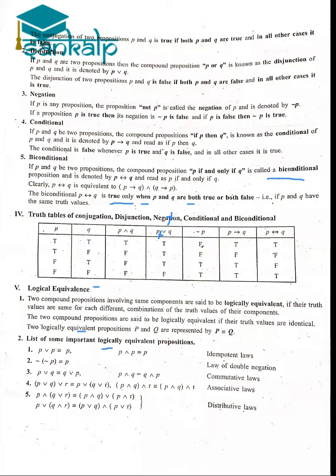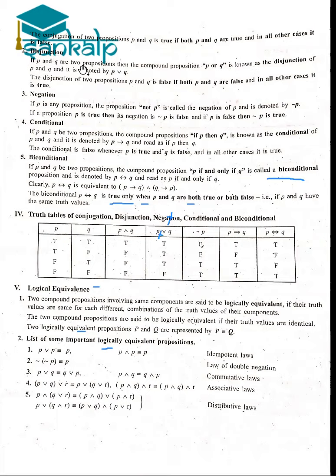The conjunction of two propositions p and q is true if both p and q are true. In all other cases, it is false. So it is true only if both components are true, and it is false in the rest of the cases.